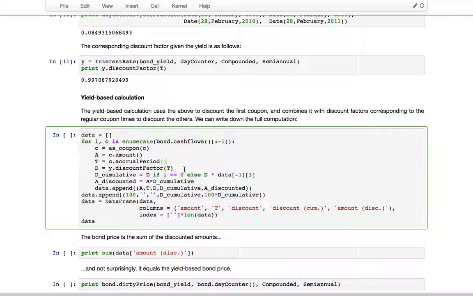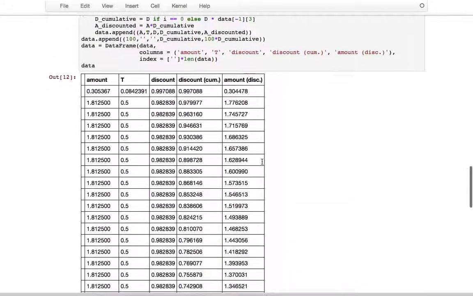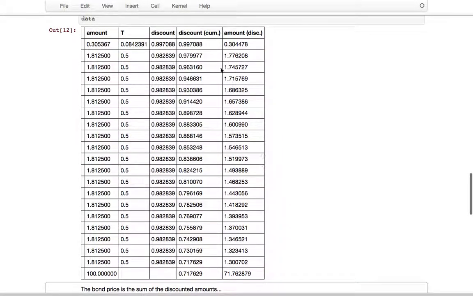We calculate the corresponding discount factor, and the discount factors for discounting the cash flows are calculated by combining the discount factor over each of the periods of each of the coupons. What we get is something like this.